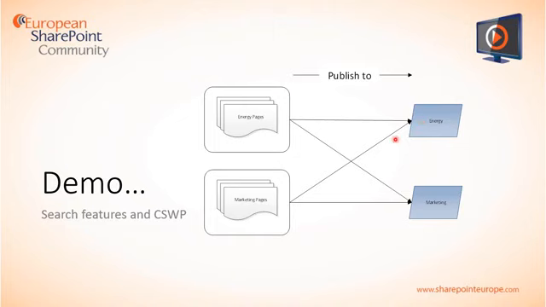So what's actually happening in the energy page is that it's rolling up content from the energy subsite and the marketing subsite, but it's filtering for content publishing to the energy keyword. This will use a content search web part. So regardless of the location of the content itself, it will be displayed based on a tag.